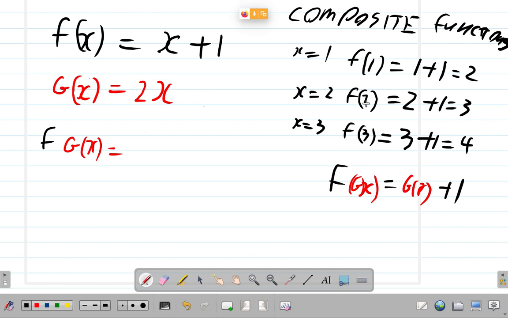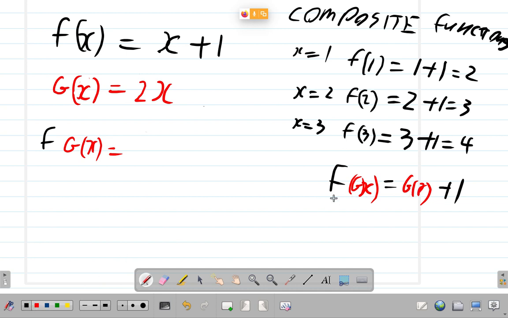When you find f of 2, you remove x and put 2 there. When you find f of 3, you remove x and put 3 there. So when you find f of g, you remove x and put g there. So you put g into f, just like how you put 1 into f for f of 1, 2 into f for f of 2, 3 into f for f of 3. So for f g of x, you put g of x into f. So x was here before, you remove the x and put g there.